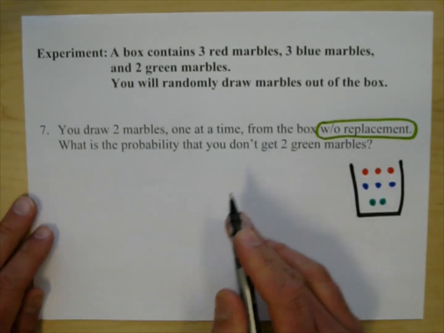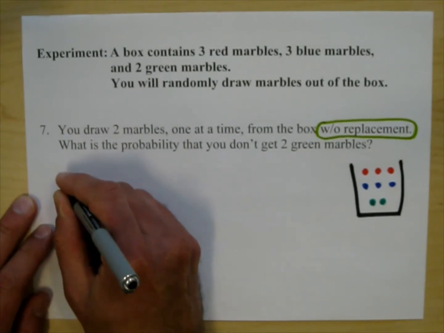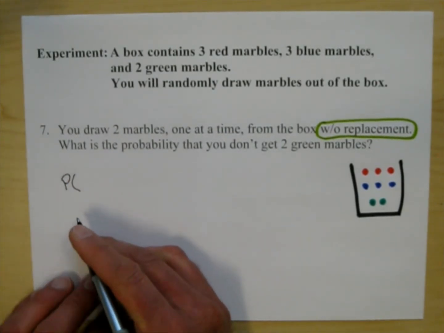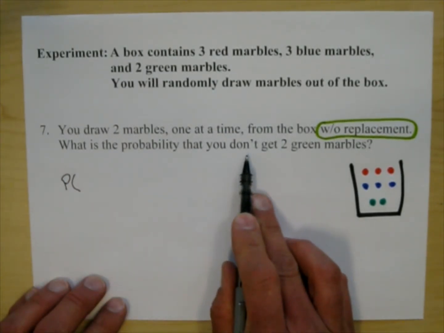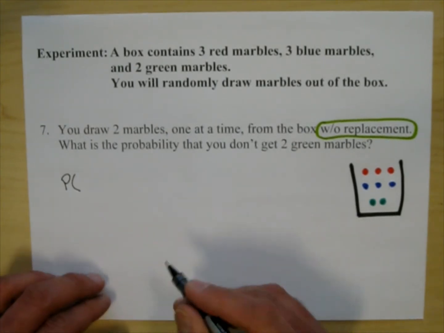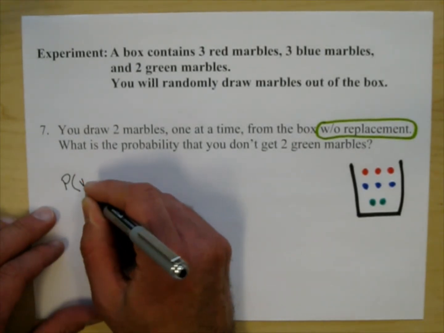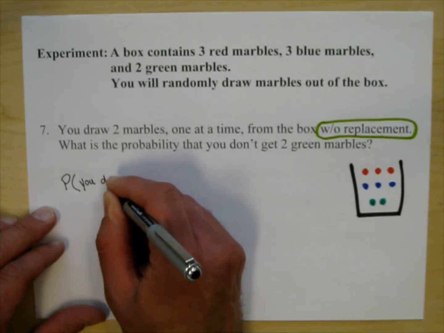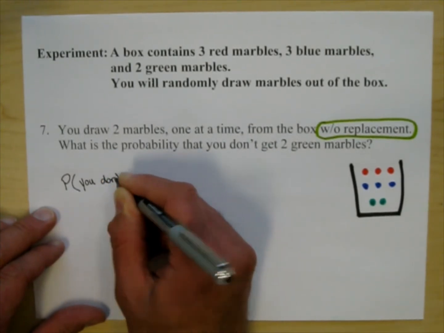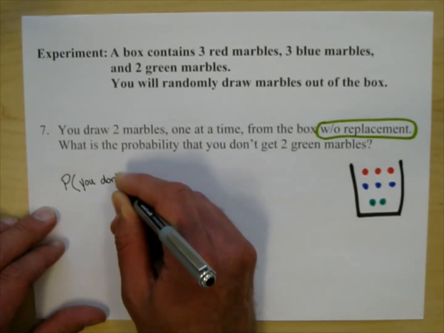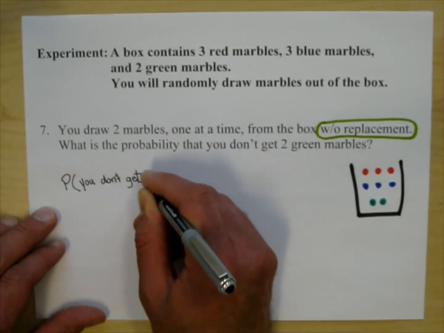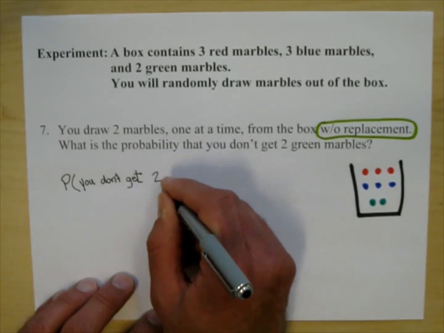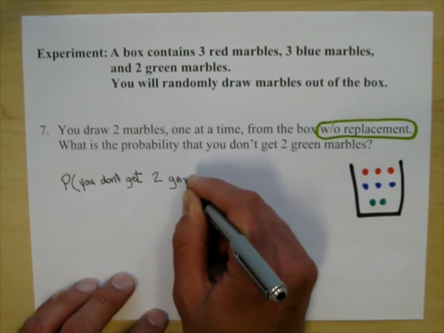And let's write out our question. What is the probability that you don't get 2 green marbles? Okay? You don't get, that's an apostrophe there, 2 green.